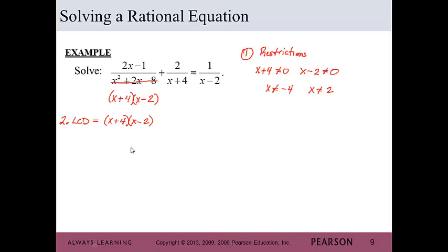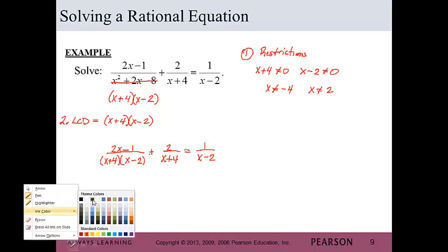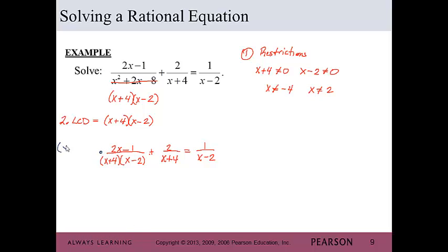And then we're going to multiply every term by the LCD. Okay, so now let's simplify.